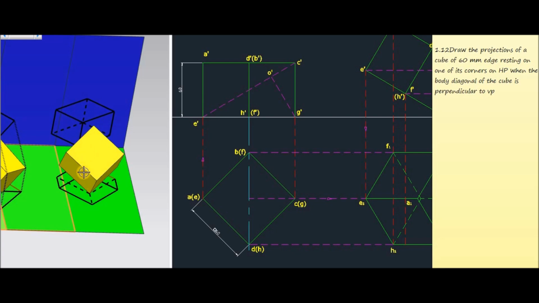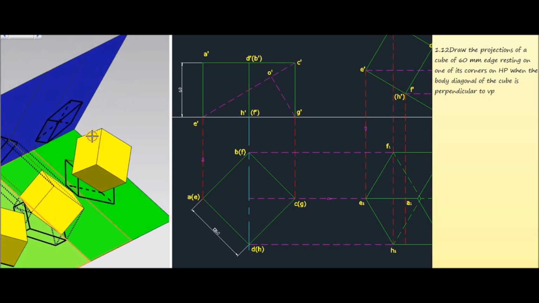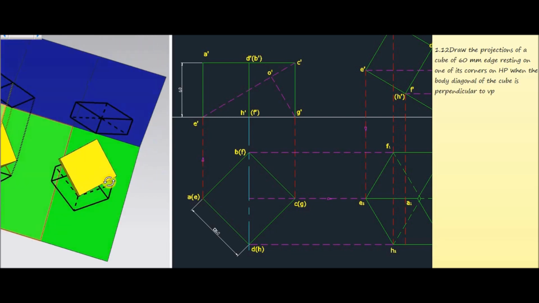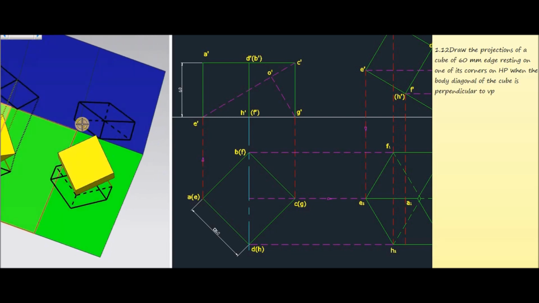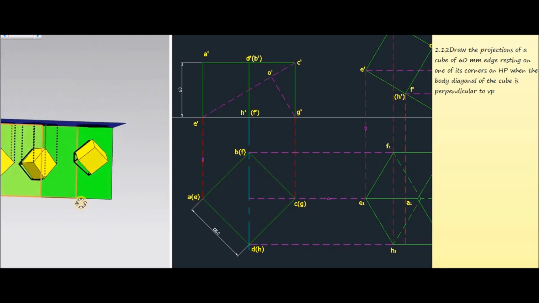When we are observing from the front side, the outer edges are visible. That is why all the outer edges are drawn in thick lines. And again, the back side corners are not visible, so we represent those as dotted lines. And for getting the top view, again we have to observe the object from the top side.